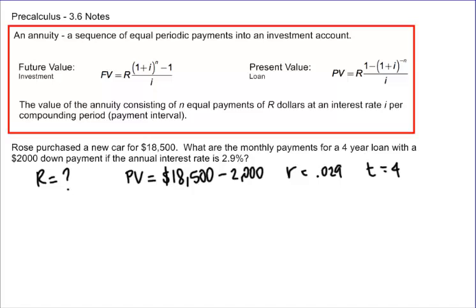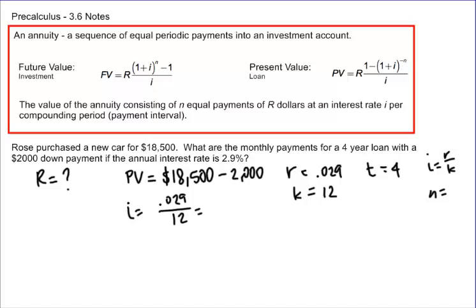So we still need I and N. And remember that I is going to be the interest rate per compounding period. So if we're doing this monthly, the monthly part of that then is I, which is going to be 0.029 divided by, I forgot to add K, which is our compounding, 12.